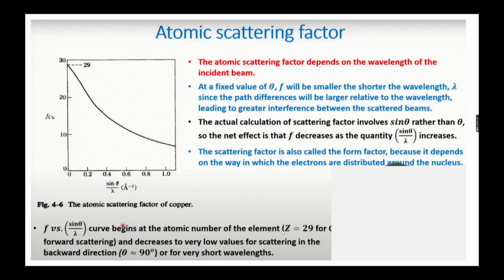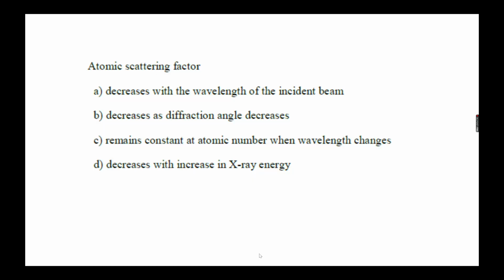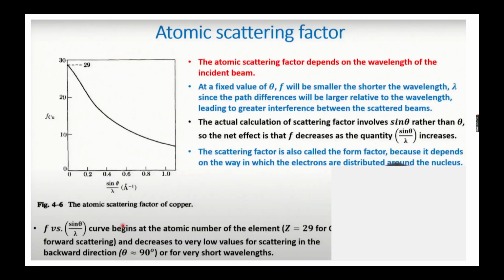It is saying for the element Z equals 29, which is copper, in forward scattering, it decreases to a very low value of scattering in the backward direction for a very short wavelength. So the atomic scattering factor decreases when the wavelength of the incident beam decreases. Here you can see it is also decreasing in this manner.